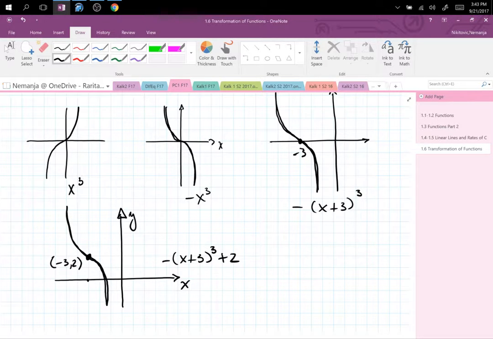Also, another example that you have is the equation of the circle, which says x minus h squared plus y minus k squared is equal to r squared.